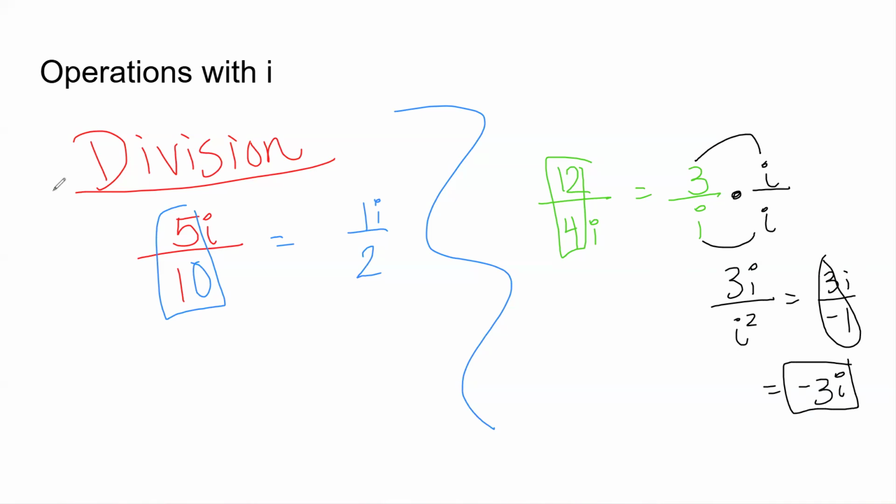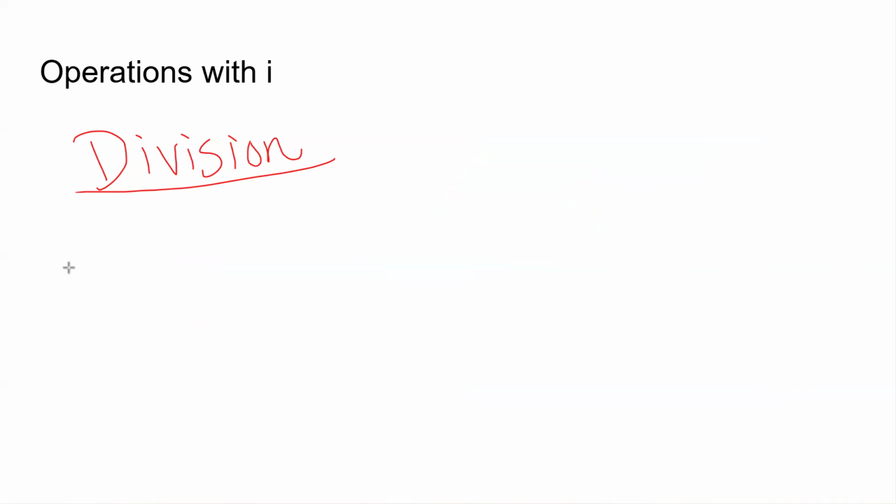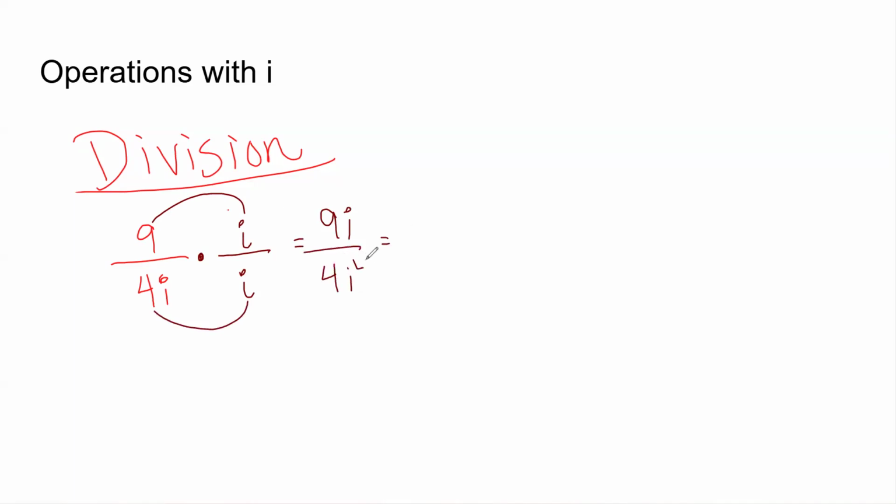Okay, let me do one more of that. Let's do 9 over 4i. So that does not reduce, which is fine. So you can just go right into multiplying by i, top and bottom. That's 9i, and that's 4i squared. But i squared is really negative 1.